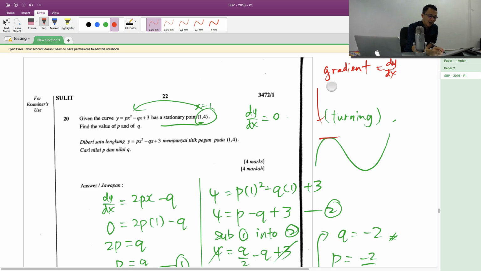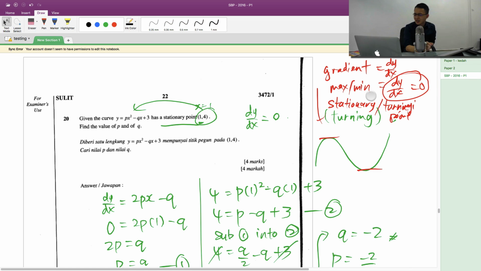If they ask about maximum or minimum, you have to do dy/dx equals 0. If they ask about stationary or turning point, same thing, you have to do dy/dx equal to 0 as well.